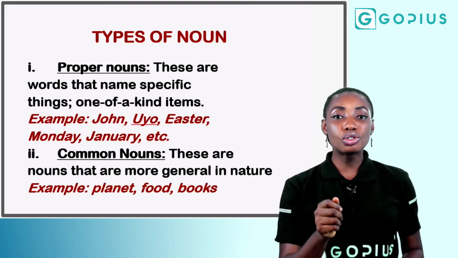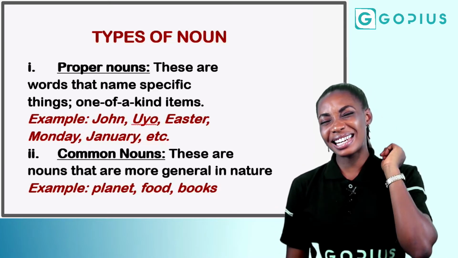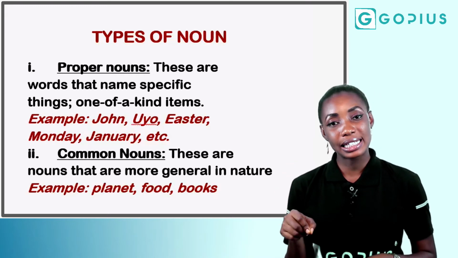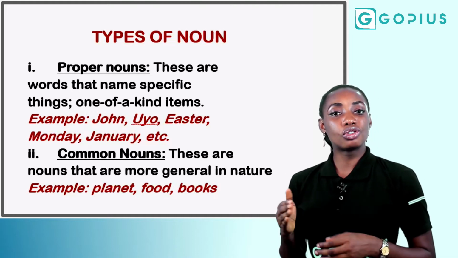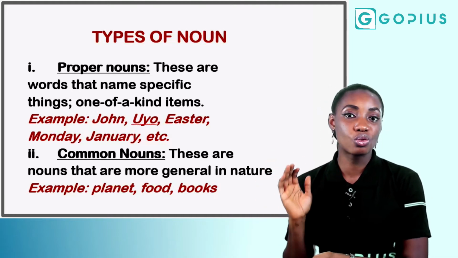And note, every proper noun has to be written with the first letter of that word capitalized, no matter where it appears in the sentence. Even if my name is John and John appears as the last word, the first letter, which is J, has to be capitalized for every single proper noun.